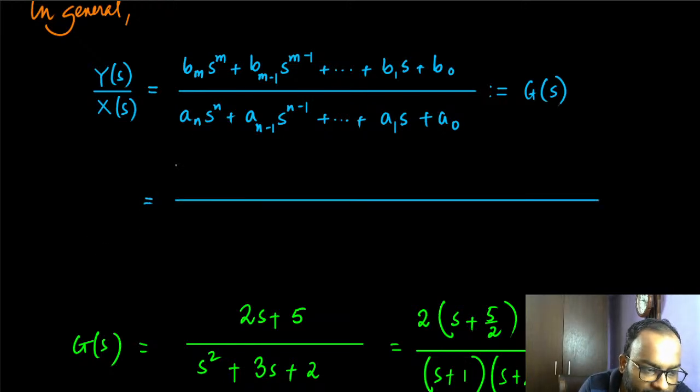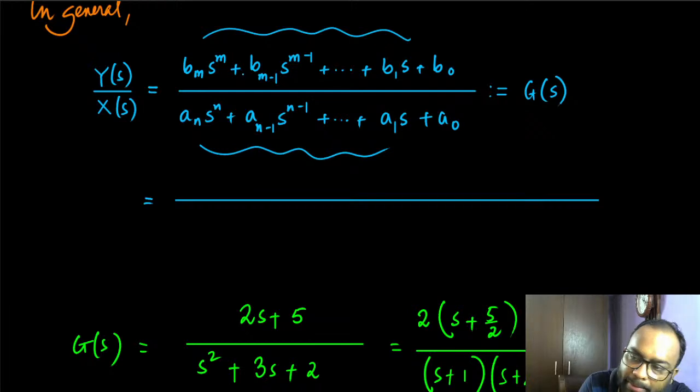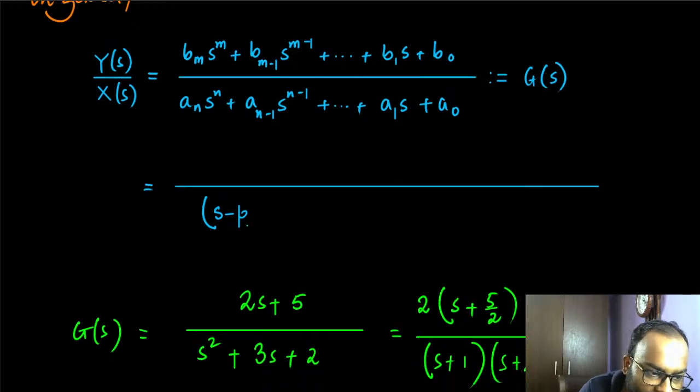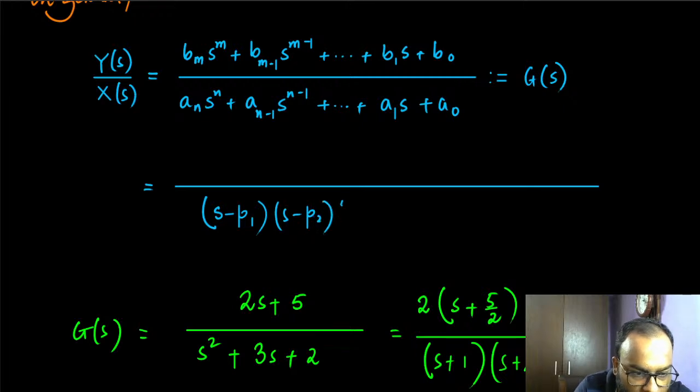If we convert it into a factorized form, we end up with n factors in the denominator and m factors in the numerator polynomial. So this is going to become something like (s minus p1), (s minus p2), (s minus p3), and so on, up to (s minus pn), because it's an nth order polynomial.